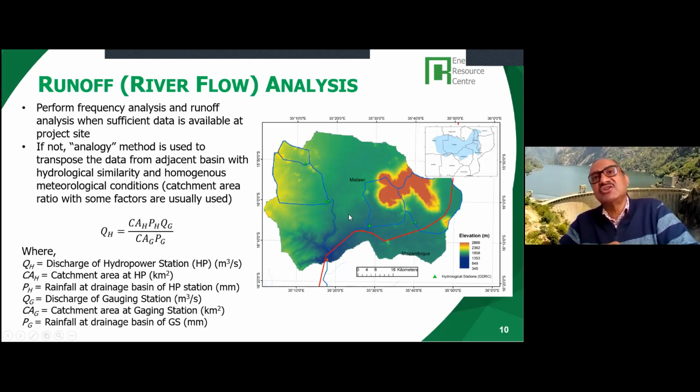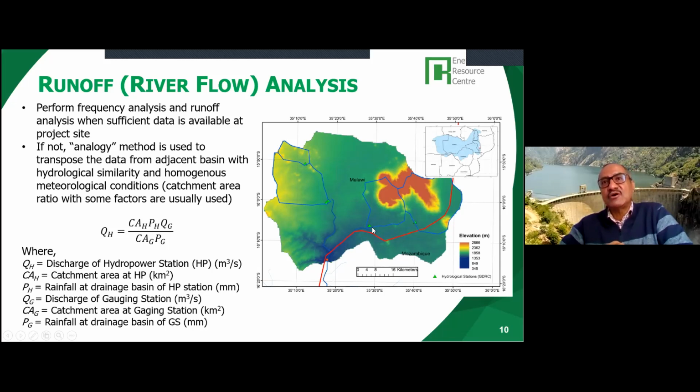And these small green dots are some of the rainfall stations available in Malawi. Since our catchment is very close to these stations, we could use the data from these Malawi river stations and derive the discharge data for Majau. And since there is no discharge gauging station in this dam site area, what we do is transfer this data here.